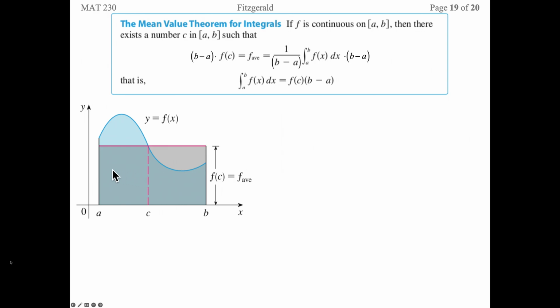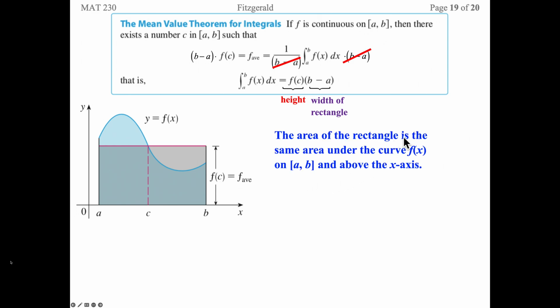All right? So like I said, we just multiplied that over, and that's the height of our rectangle. b minus a, that's your width, or the base of your rectangle. So the area of the rectangle is the same as the area under the curve on our closed interval from a to b, which is above the x-axis.